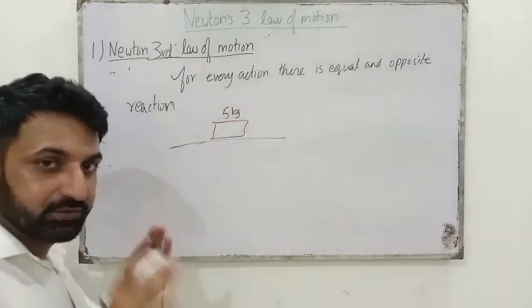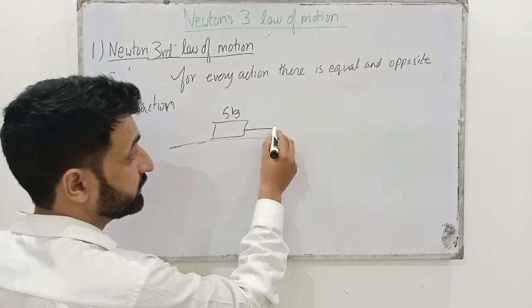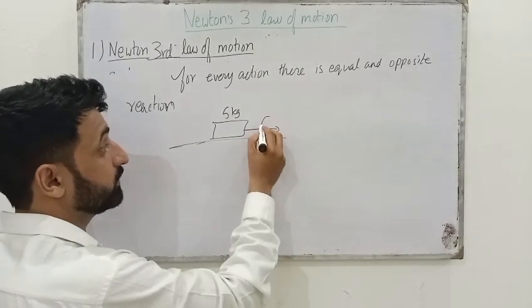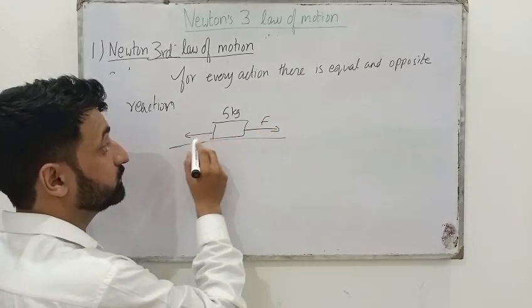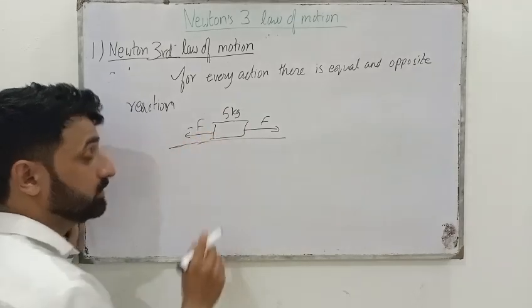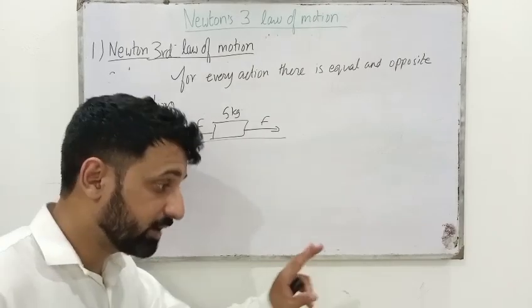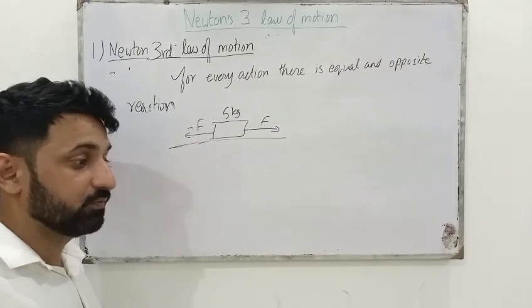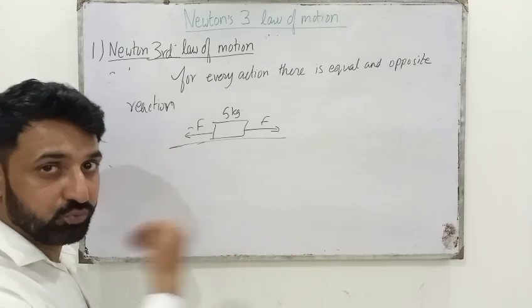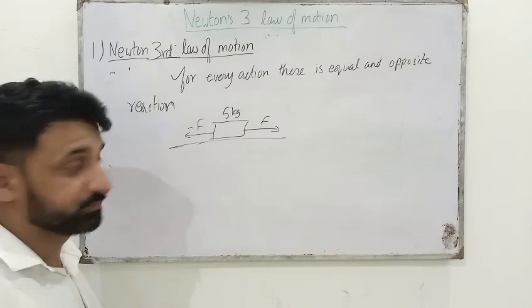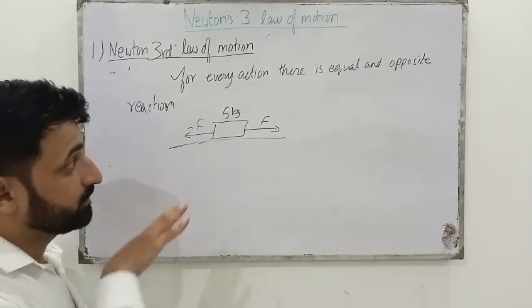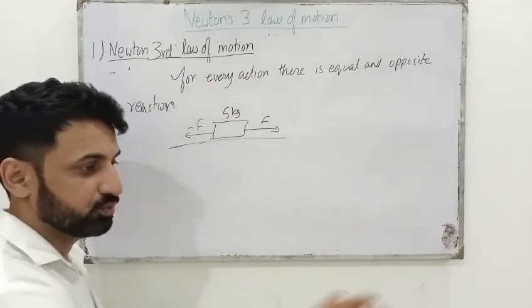If I push the box, which is in a stationary position, forward, it will push me in the backward direction. For a 5 kg mass, it would be easy to push.